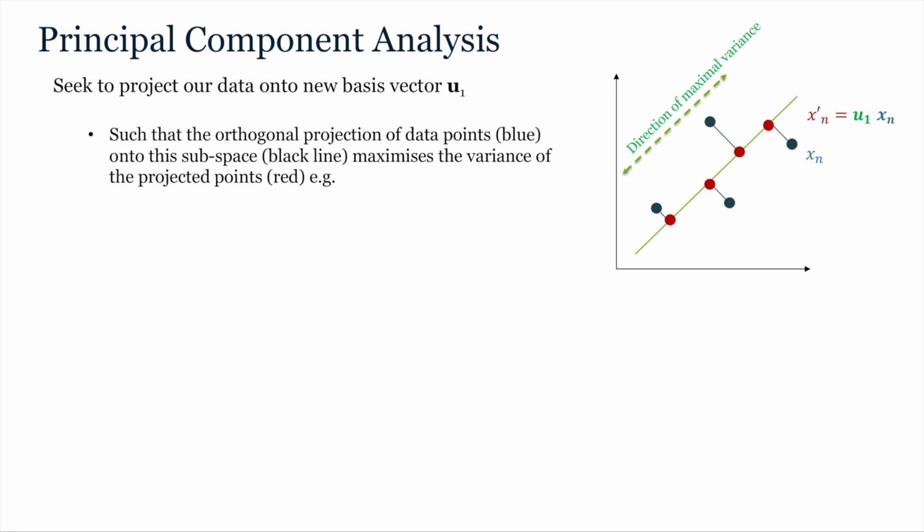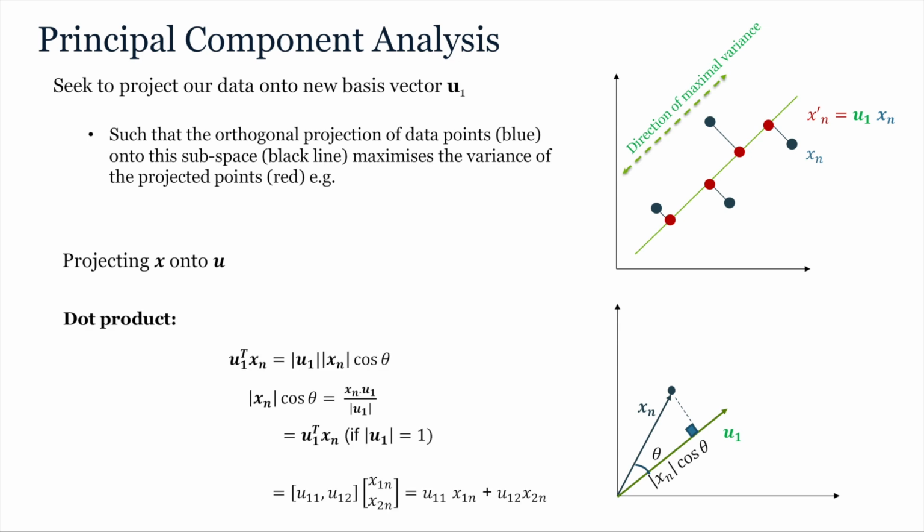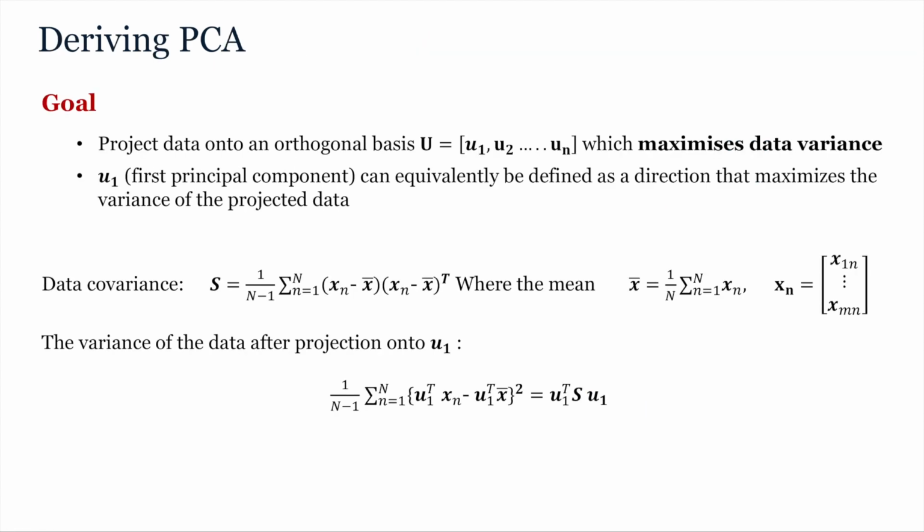Remember that to project any vector x onto another vector u, we need to use the dot product, as shown here, where this estimates the element-wise multiplication and sum of these two vectors. This allows us to find the direction u by maximizing our estimation of the variance with respect to u. To achieve this, we first need an expression of the variance of the data after projection.